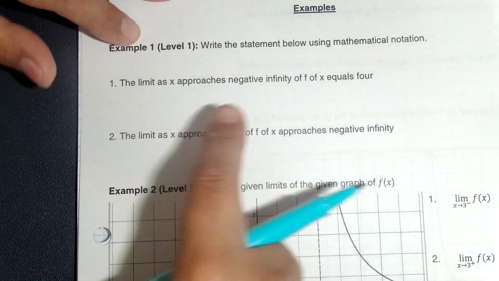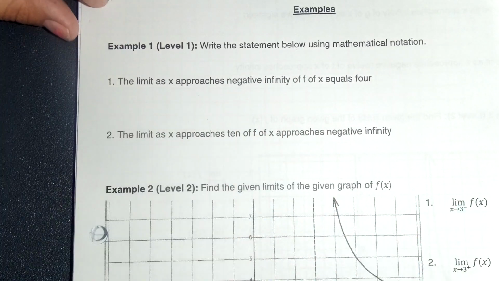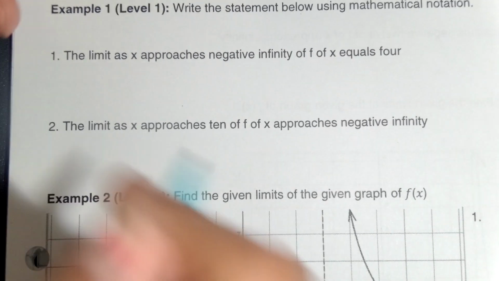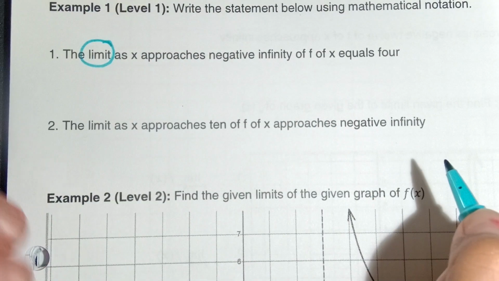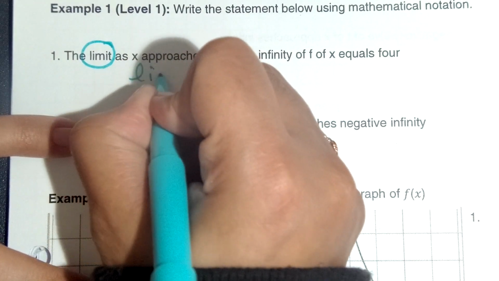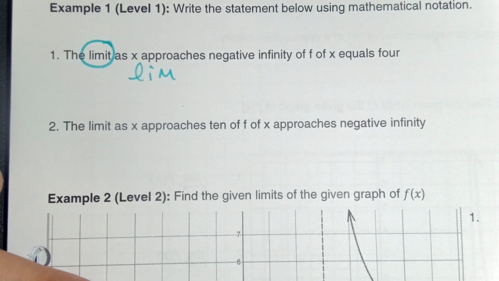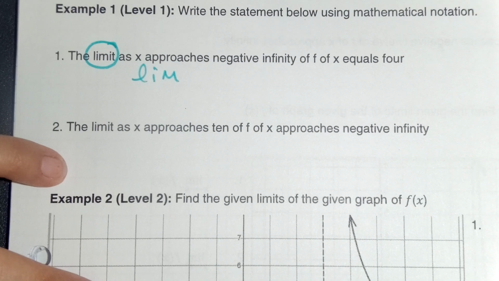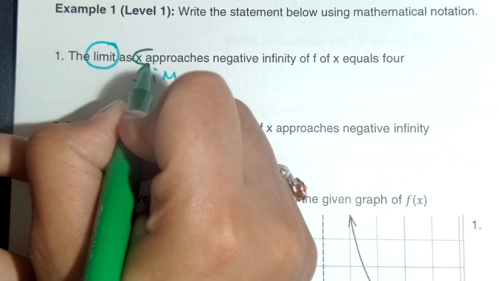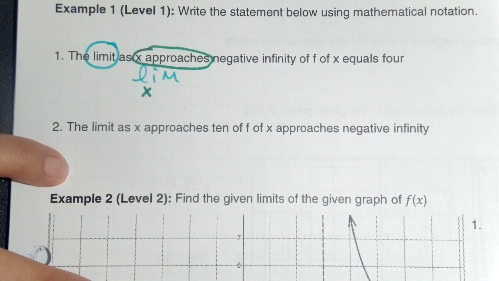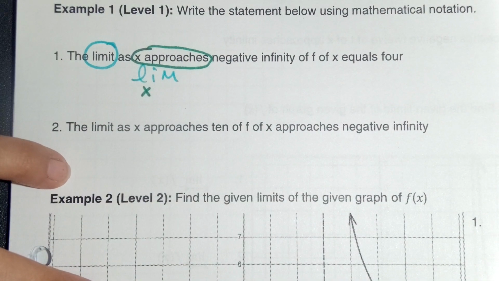So what you're doing is you're taking a math sentence and you're writing it in notation. So the limit. What is the symbol for limit? L-I-M. Very good. X approaches. What symbol is approaches? No, not a negative.